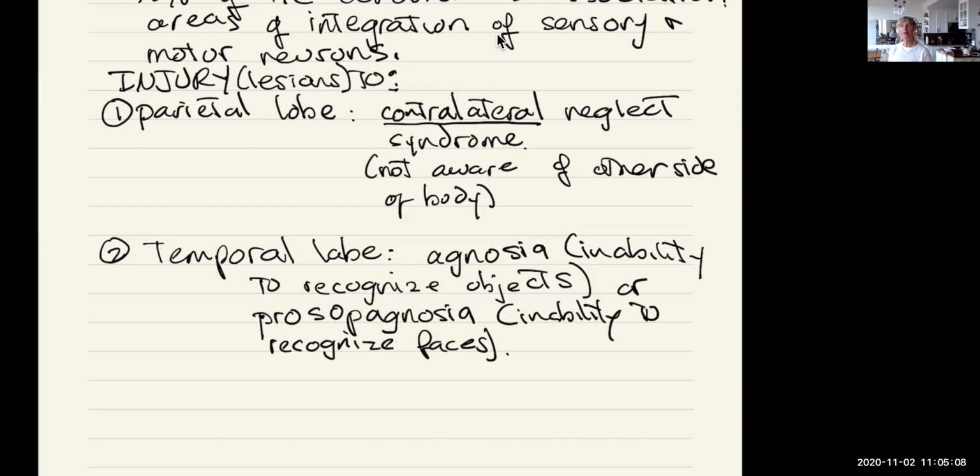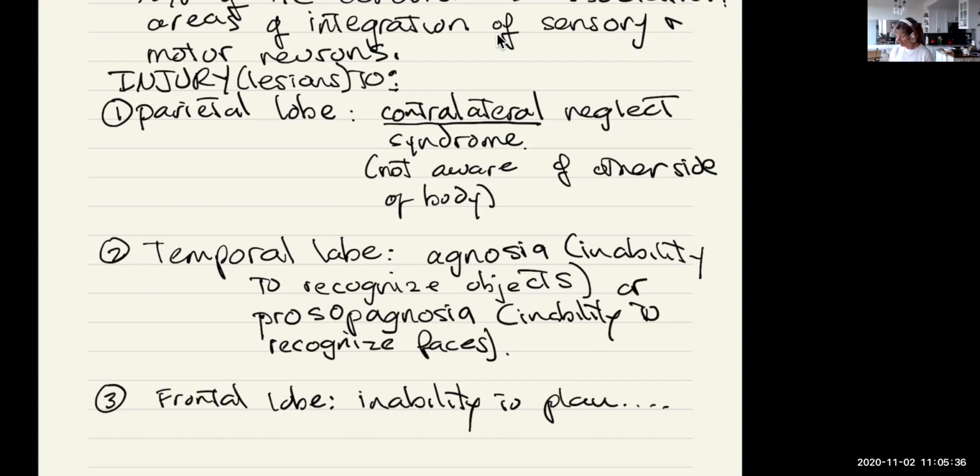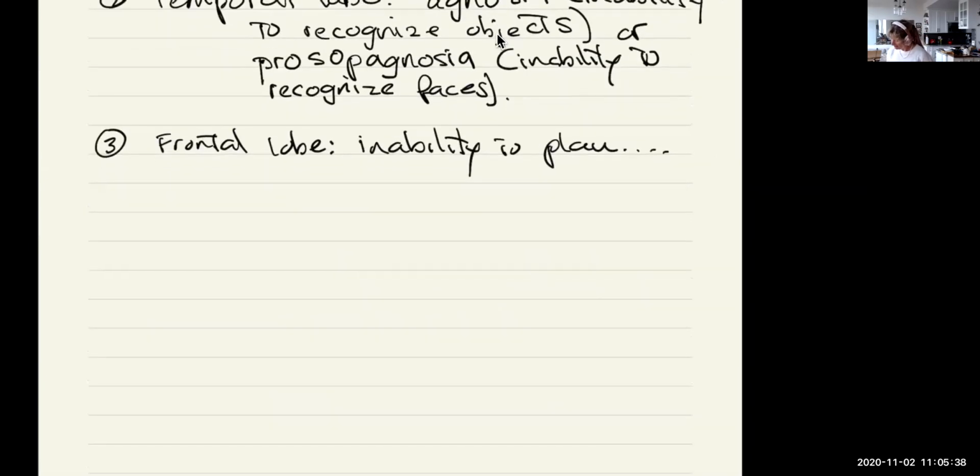And so that's how we know that that part of the brain functions in that capacity to recognize faces or to recognize objects. And the frontal lobe we've seen, an inability to plan. And other functions.